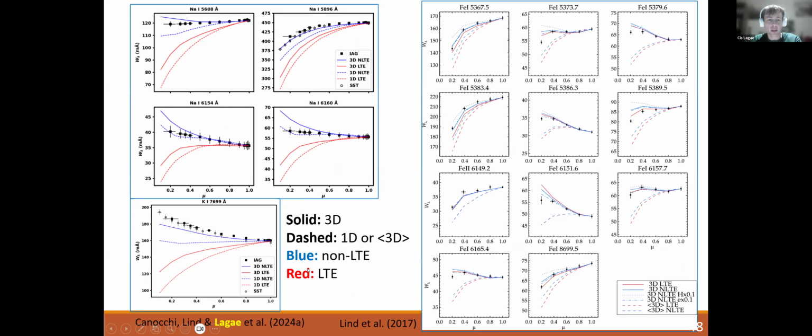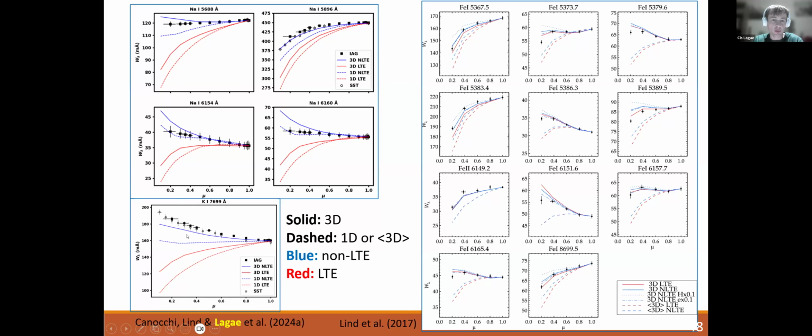The main thing I want to show here, let's focus on the left plots, where in blue, a solid line, we have 3D non-LTE, is that in general, blue is non-LTE. So the non-LTE synthetic spectra are a better match to IAG observations than any of the LTE spectra. And just the shape of the LTE one is plain wrong in some of them. They behave the opposite of what we see in our observations.